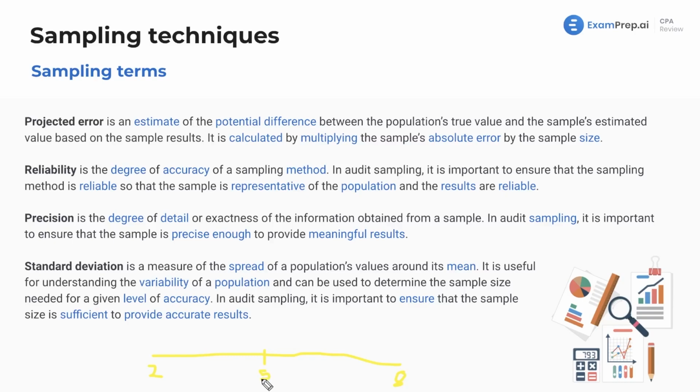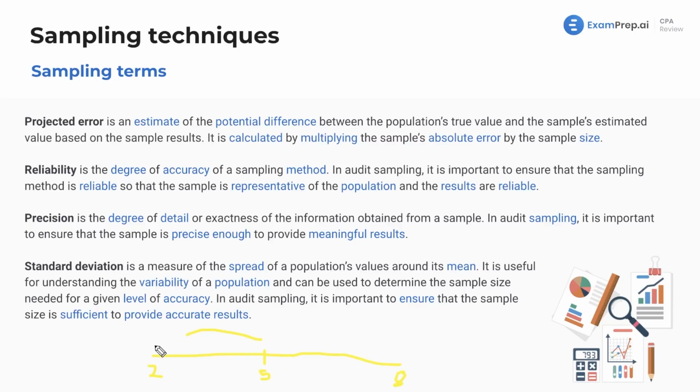Now the standard deviation is essentially saying how far out do we go from the average, right? $5. So the standard deviation could be incredibly low if maybe our population only has $4, $5, and $6 transactions. But we would have a much higher standard deviation if we had $2, $3, $4, $6, $7, $8, right?